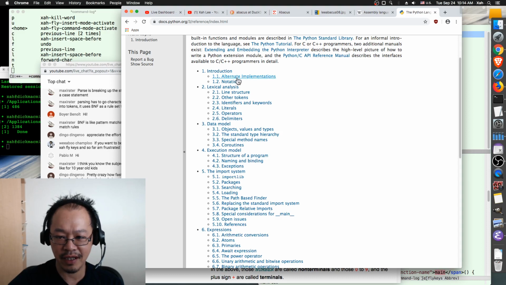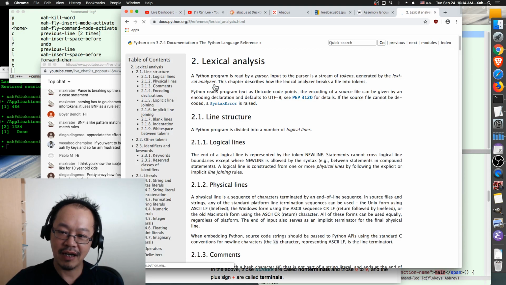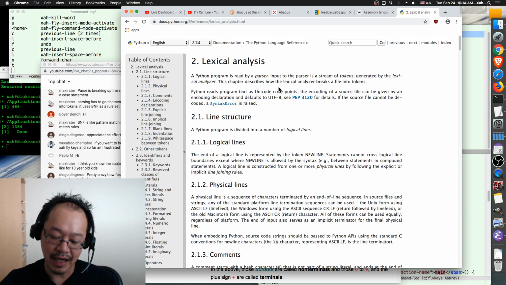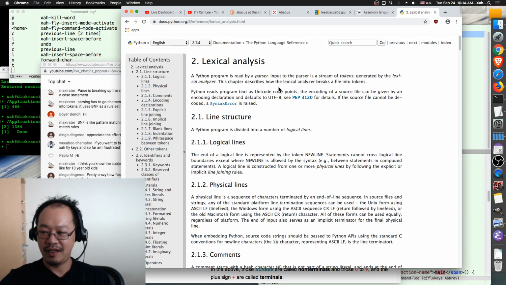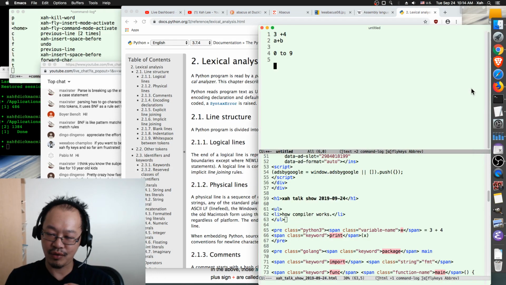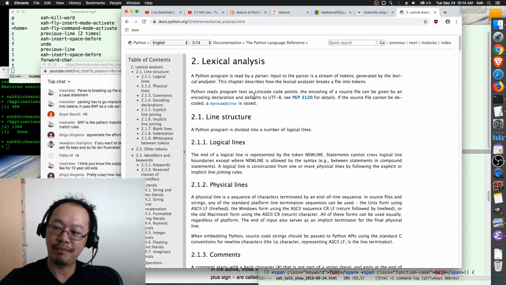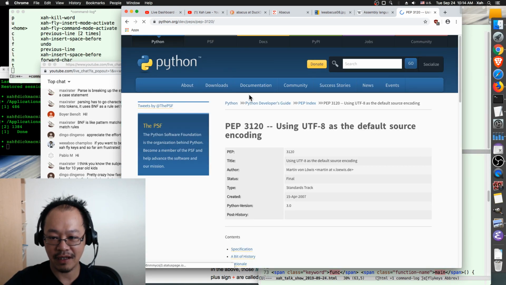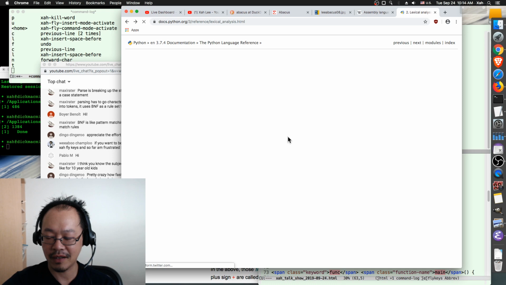For example, you see lexical analysis. Lexical analysis just means parsing: you read the source code and try to understand what it means according to the grammar.